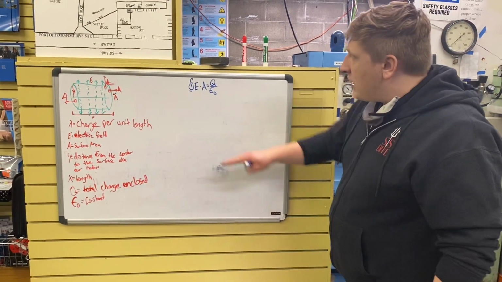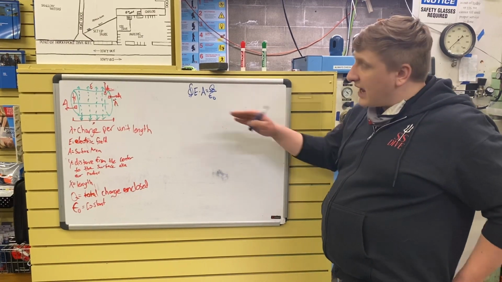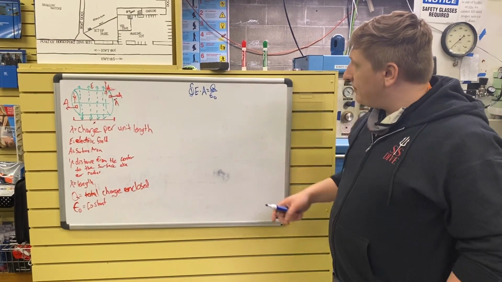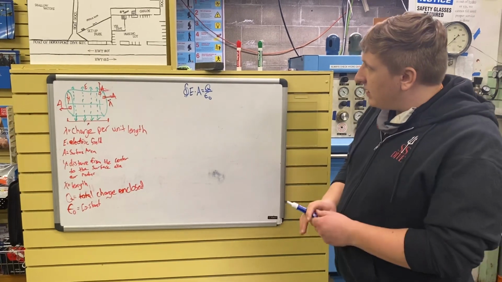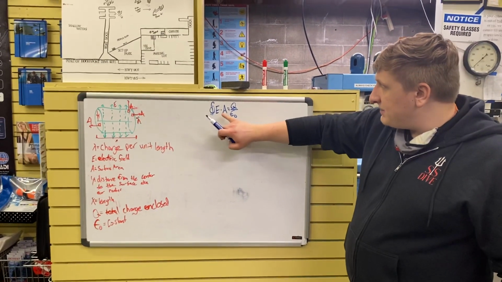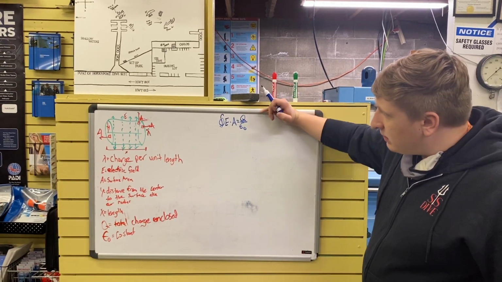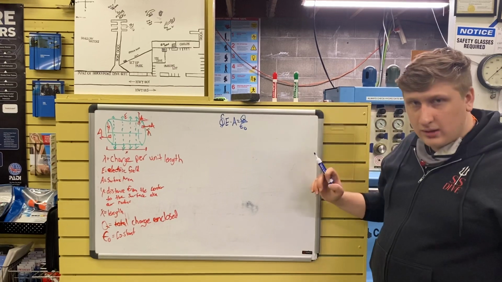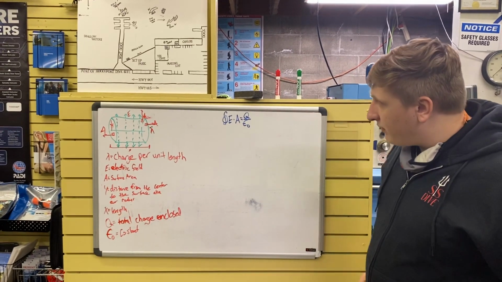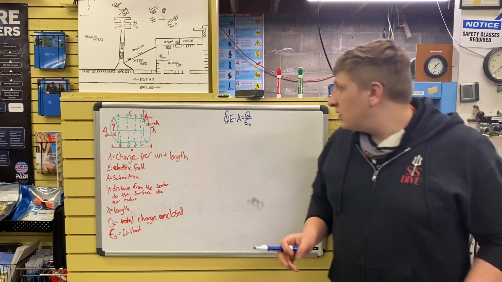So this is our Gauss law equation: the integral of E, our electric field, times A, the surface area, equals Q, our total charge enclosed, over epsilon naught.